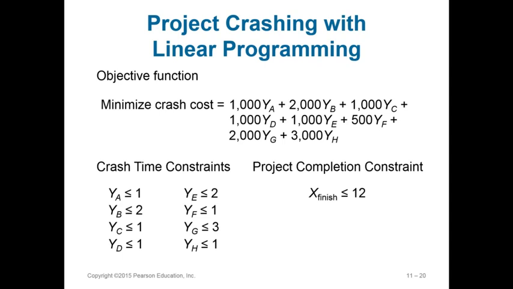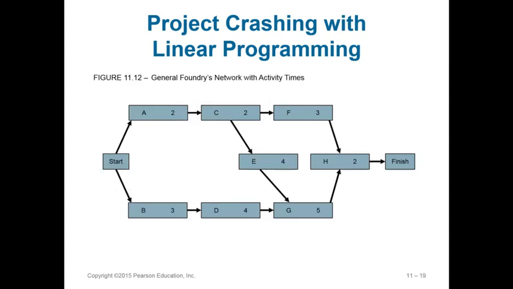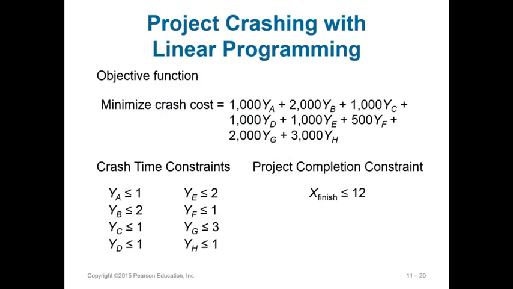Let's go back to that. Yeah, that's the original graph that you have, and then putting in the constraints from the problem as to how many weeks can be crashed on any one activity, and looking at costs that occur in there.